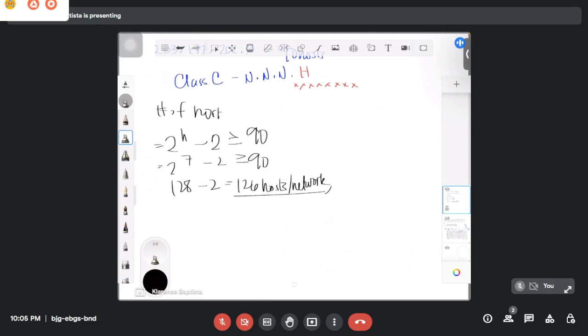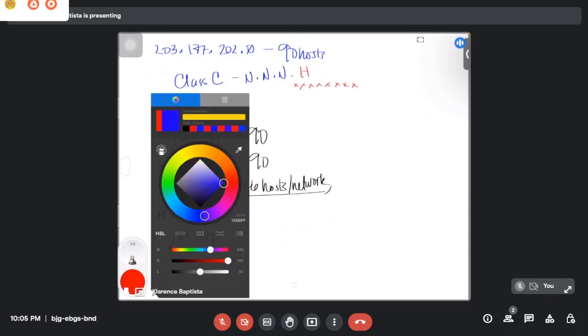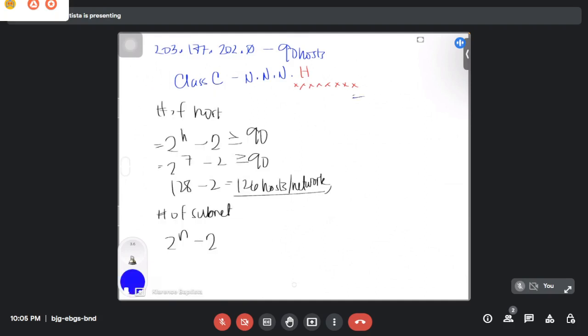Alamin na po natin kung ilang number of subnet. So, 2 raised to n minus 2. So, dahil meron tayong 7, di ba? Bibilangin po natin dito yung host portion. Again, pag host ang pinag-uusapan, from right to left ang bilang.